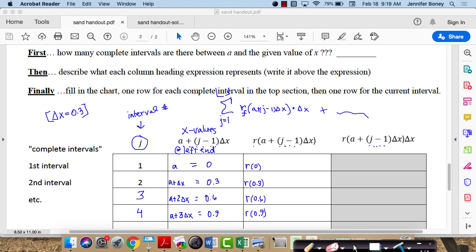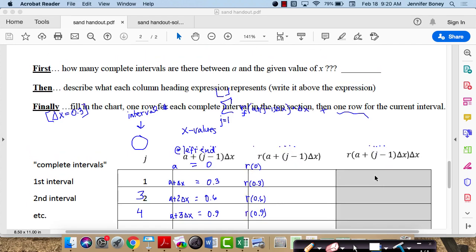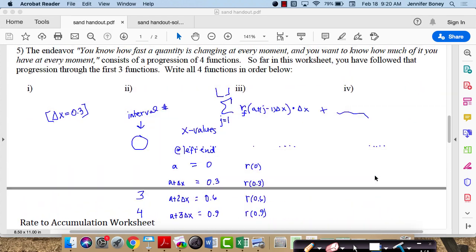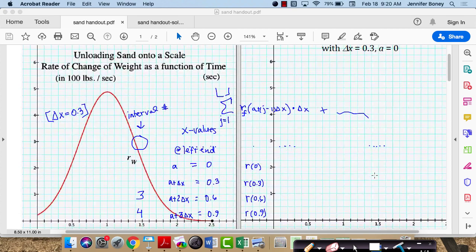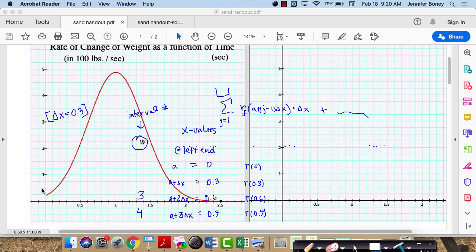Looking at, let's see, I'm going to scroll back for a moment, and all this writing is going to be on top of itself. But in the picture, the rate at 0 looks to be about 0.25. At 0.3, it's about 1. So I'm going to write this next to it: r of 0 is about 0.25, which means 25 pounds per second.